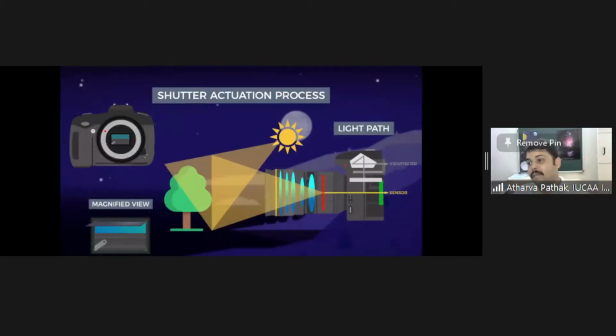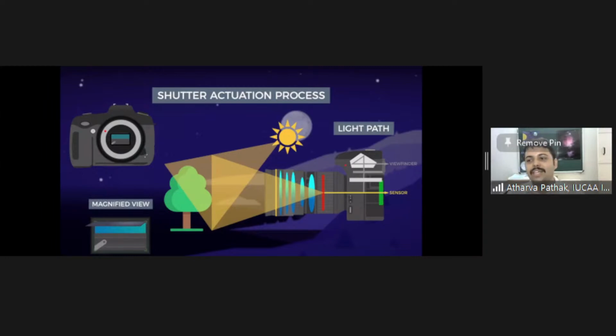I know we are purposefully repeating this again and again to give you a good idea. This is the overall shutter actuation process. The light coming from the sources enters the camera element. The light gets focused with the help of different lens elements present inside the lens, and from there it enters the sensor. The light will only enter the sensor if the shutter is open. If the shutter is closed, the light will not reach the sensor. What will happen to the light then?